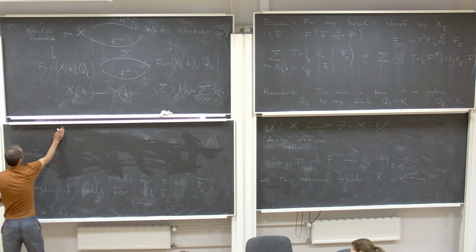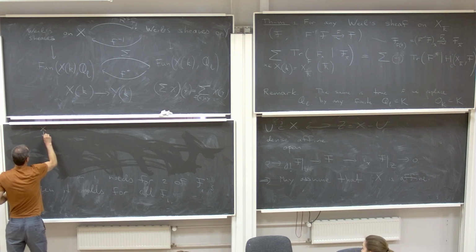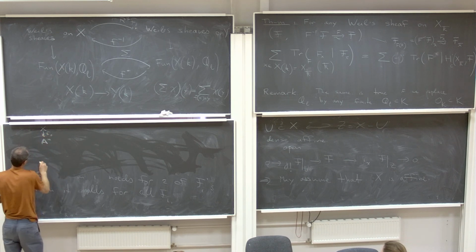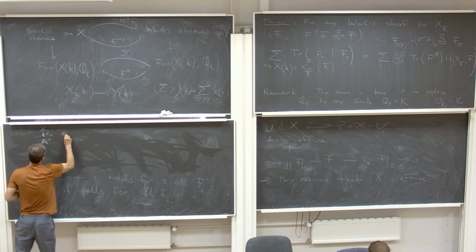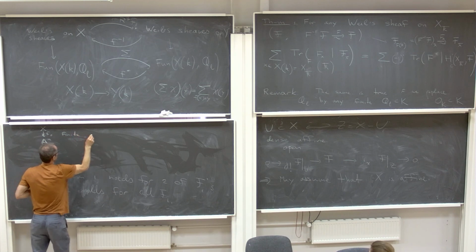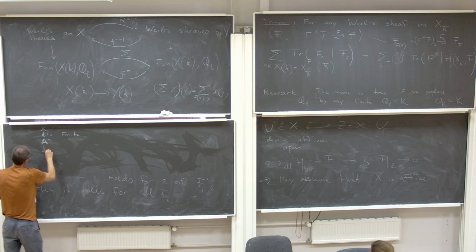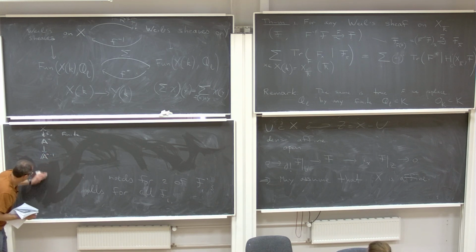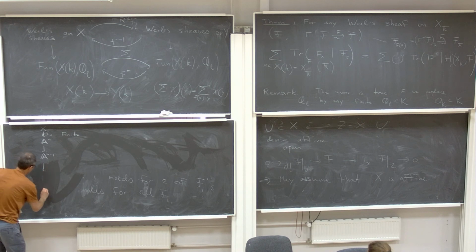So I have X, f0 to maybe affine space, A^n. This is finite surjective. Then this is A^(n-1), just the projection. And finally, I have a point. Right? This is f1.